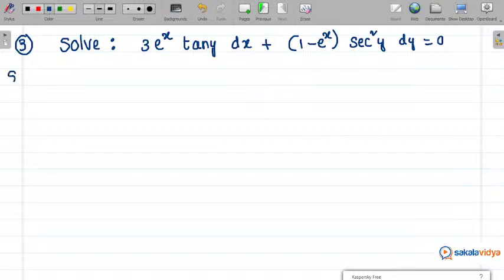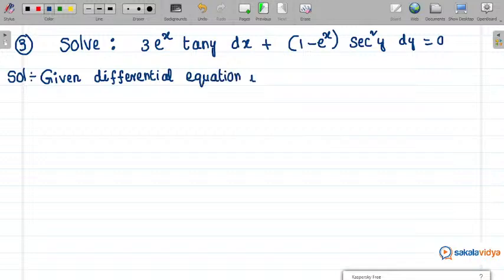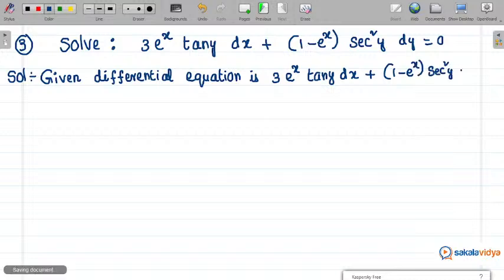So now let us write the given differential equation: 3 e power x tan y dx plus 1 minus e power x secant square y dy equal to 0.